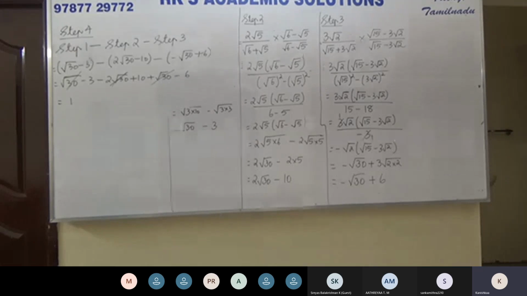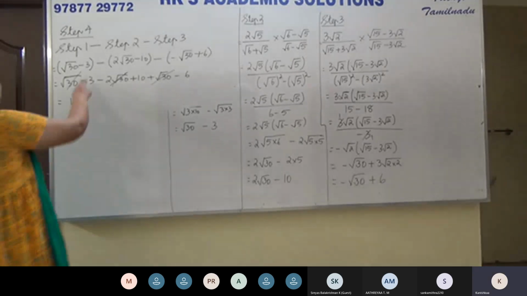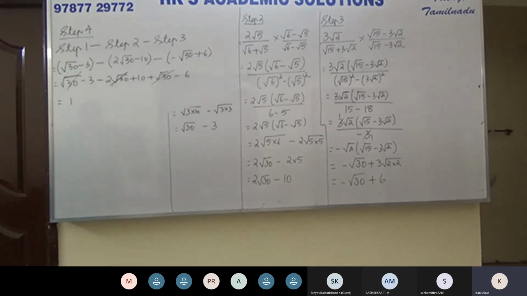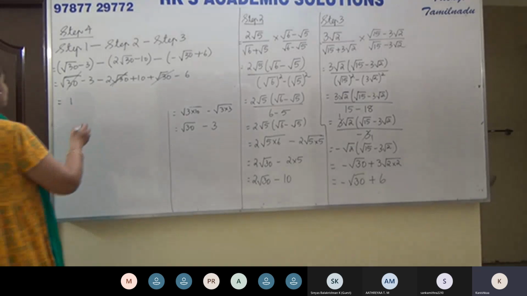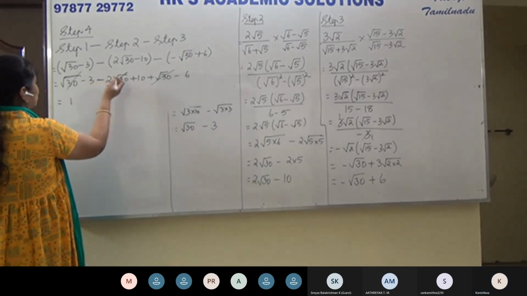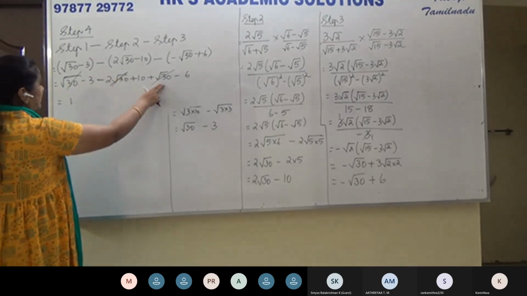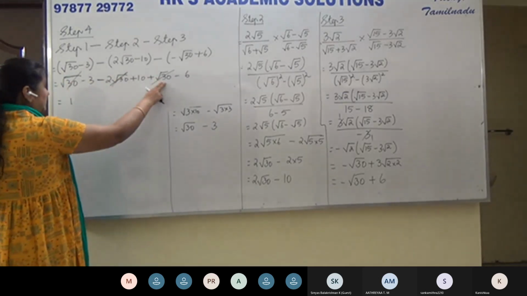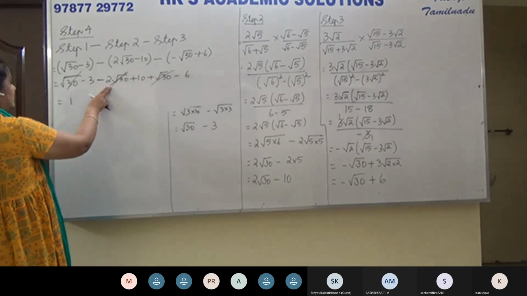Tell me how you got -1. Yes, ma'am. -3 minus 2 is equal to -5, ma'am. -5 minus 6 is equal to -11. No. You're doing the same mistake. This is not -2. This cancels. Minus root 30 plus root 30 is 2 root 30, 2 root 30 minus 2 root 30.